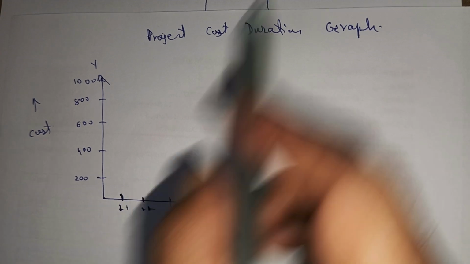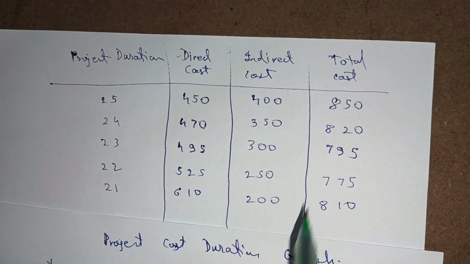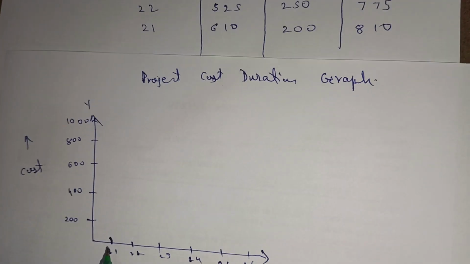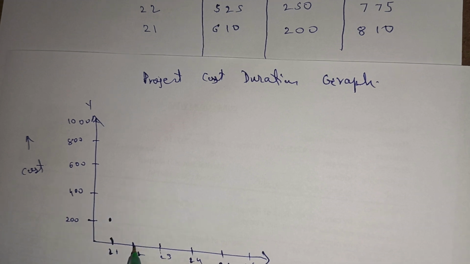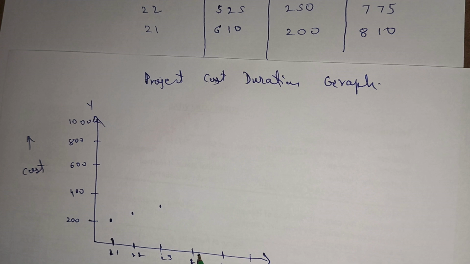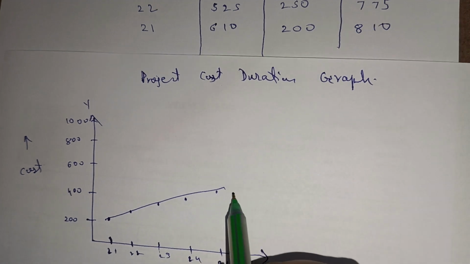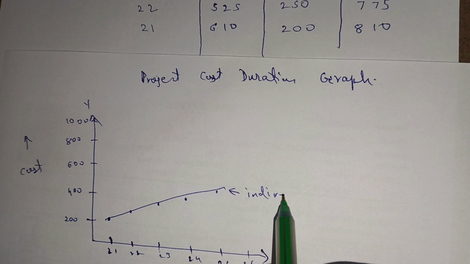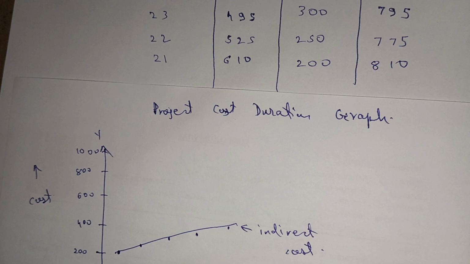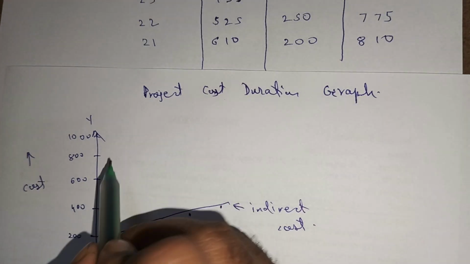Okay, so first we'll plot these indirect costs. Okay, so 21 has 200, 22 has 250, it falls somewhere here. 23 has 300, so it'll be here somewhere. 350 and 400, so something like this. Okay, so this is our indirect cost. And direct costs for 21 days, it is 810.